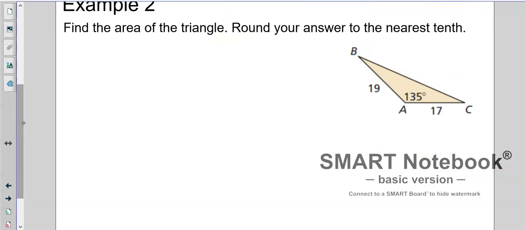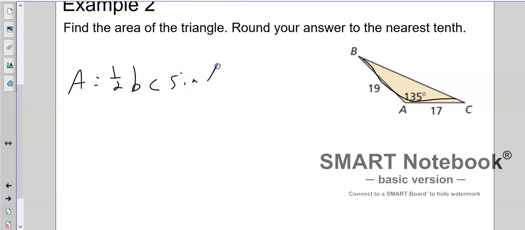So once again, since we're dealing with A, remember we're going to be using sides B and C. So we're going to use area equals 1/2 sides B and C times the sine of A. And we just fill the numbers in. So area is 1/2.